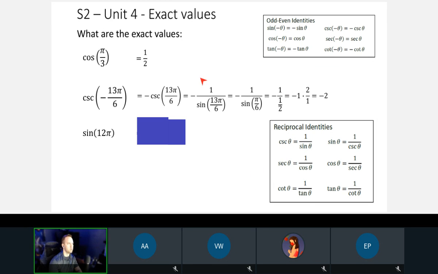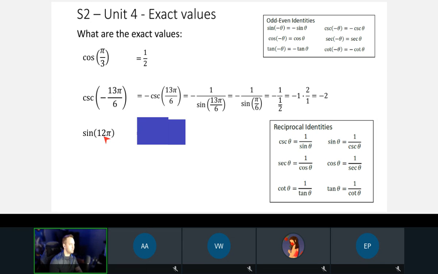But I'm pretty sure that you'd be able to type this in and get the exact same answer without showing all this extra work. But I would still try it right now if you're wondering. All right, sine of 12 pi.